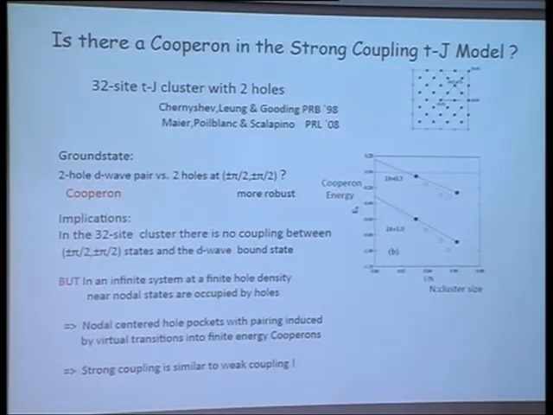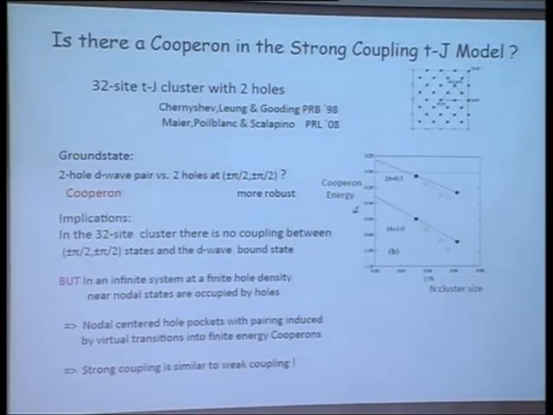In fact, the best exact diagonalizations on finite size clusters are on 32-site clusters with two holes, and they were done by Pak Young and collaborators in Canada, and there's a very nice analysis by Thomas Maier, Didier Poilblanc, and Doug Scalapino recently. Now this cluster is very nice because it has the antinodal (pi, 0) and the nodal (pi/2, pi/2).